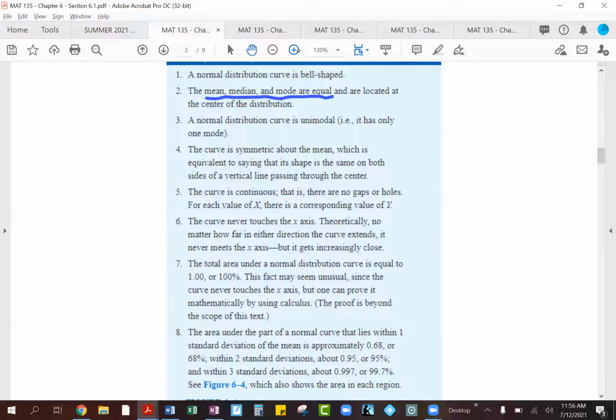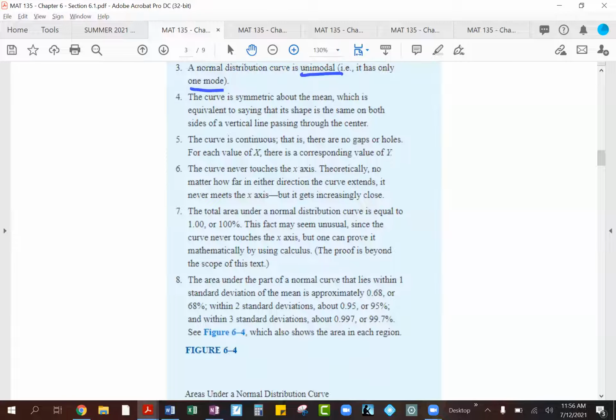And we actually saw some of that when we did our class activity for chapter 3. So with data sets that are normally distributed, your mean, median, mode are all going to be the same exact value, which also means that your normal distribution curve is going to be unimodal, which means you will only have one mode instead of having multiple different modes, like some of the examples you had seen.